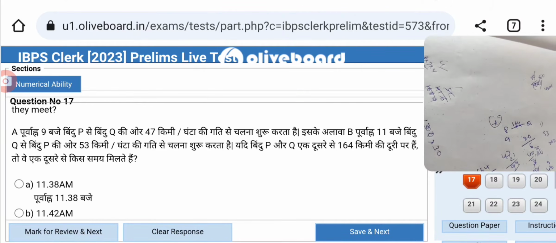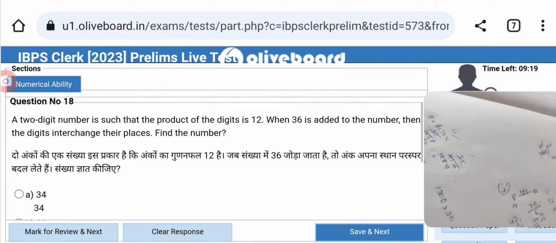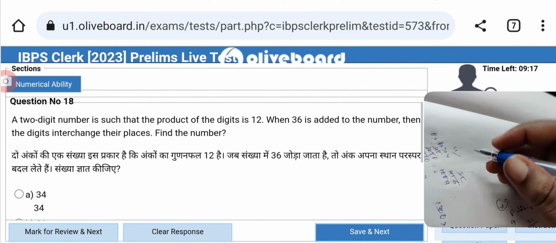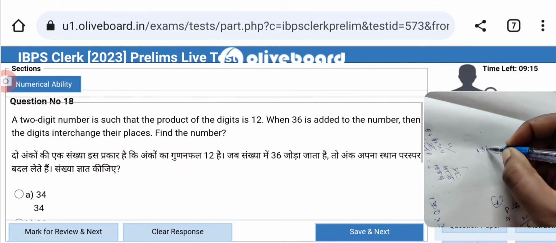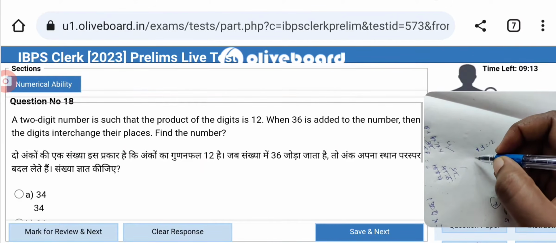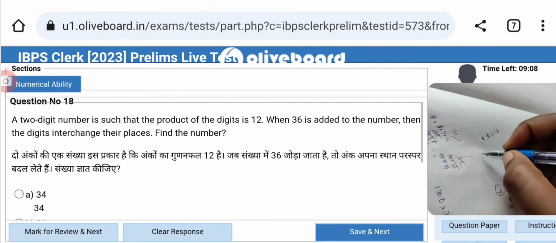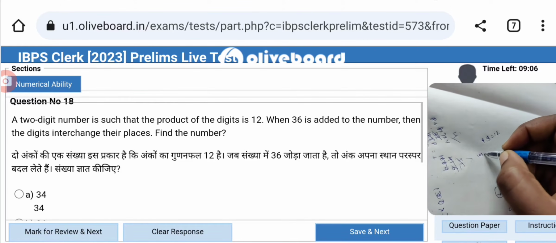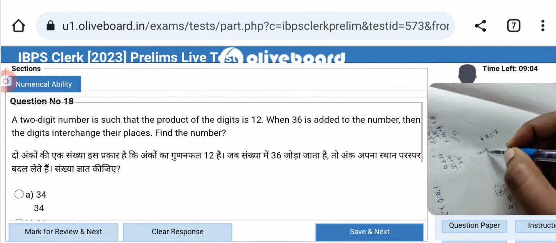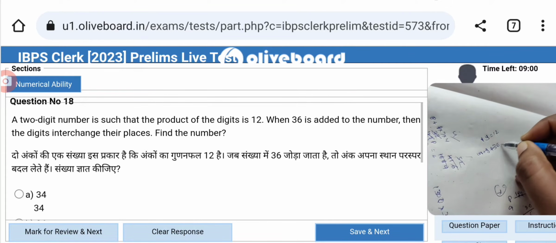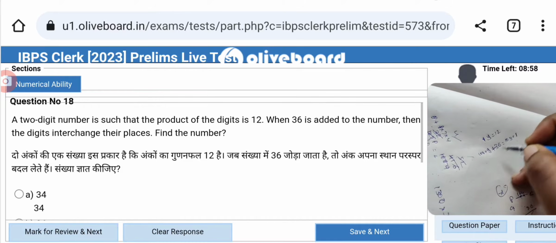Next question. A 2-digit number such that the product of digits is 12, that is added to the number, then the digits are interchanged. 10x plus y, 36 is 10y plus x.